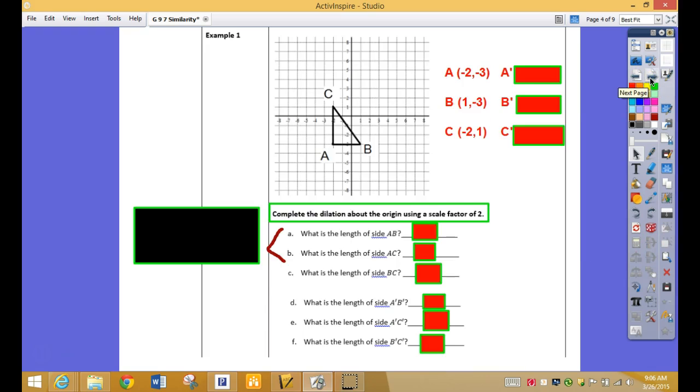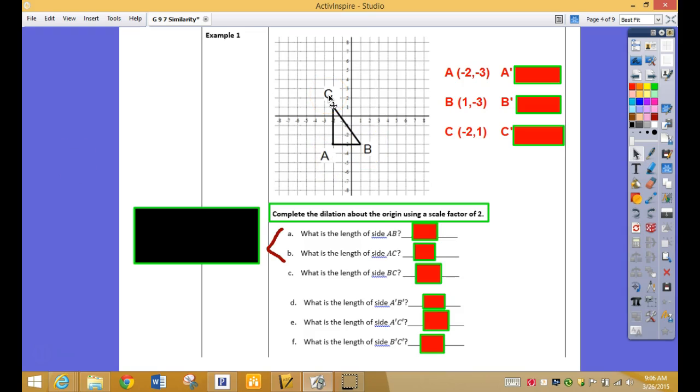All right, looking at example number 1. It says, complete the dilation about the origin using a scale factor of 2. So what we learned yesterday was the first thing that I have to do in order to do a scale factor. First I have to find the ordered pairs of what?